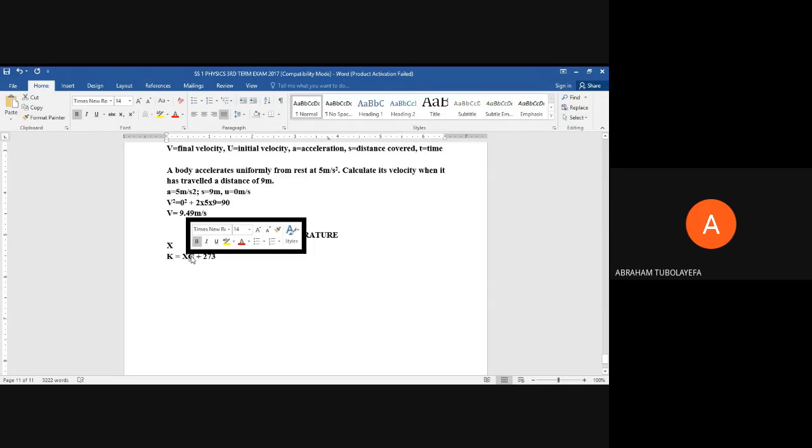That's how you can convert from Celsius to Kelvin.